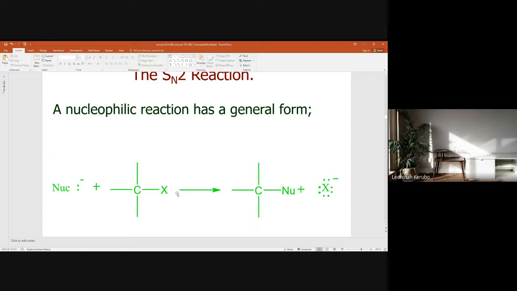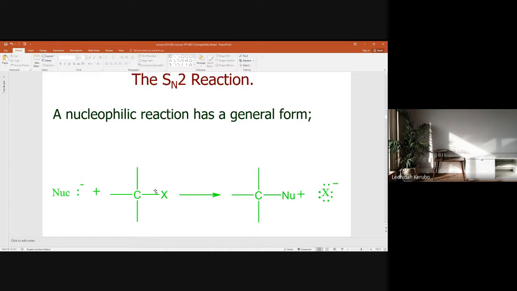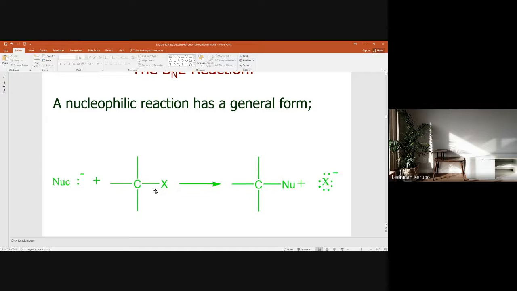All the nucleophilic substitution reactions with the alkyl halide as a substrate always have the halide as the leaving group, and then the nucleophile donating electrons to the electrophilic carbon, forming new bonds. How they form the new bonds and how the halide leaves, that's another step. That is what now defines the SN1 or SN2 reactions.